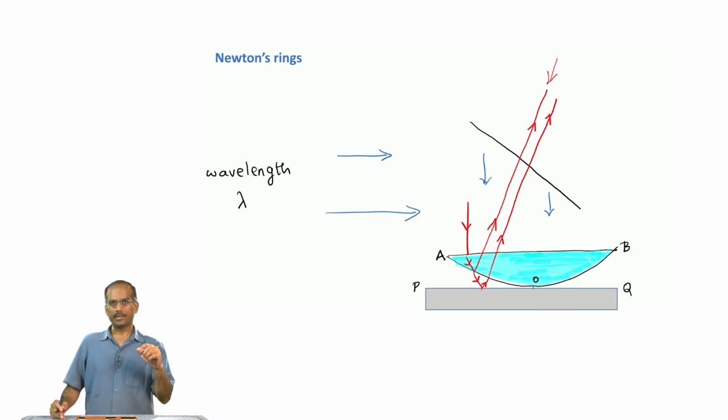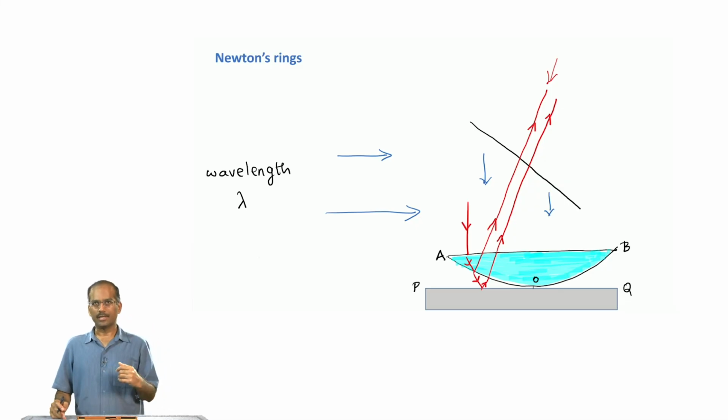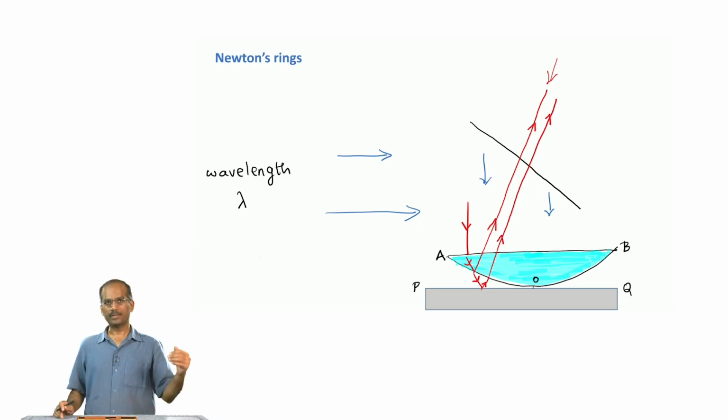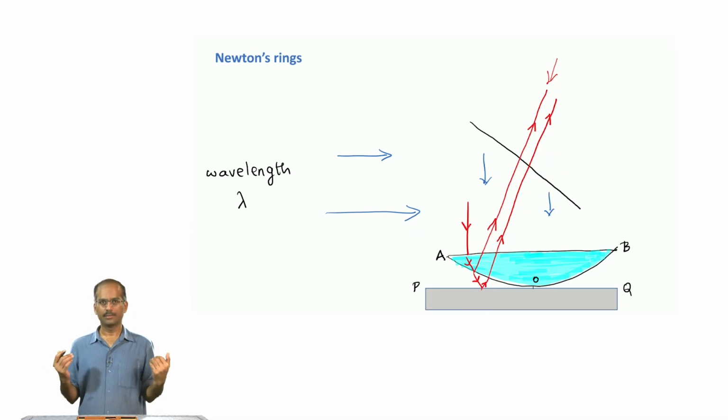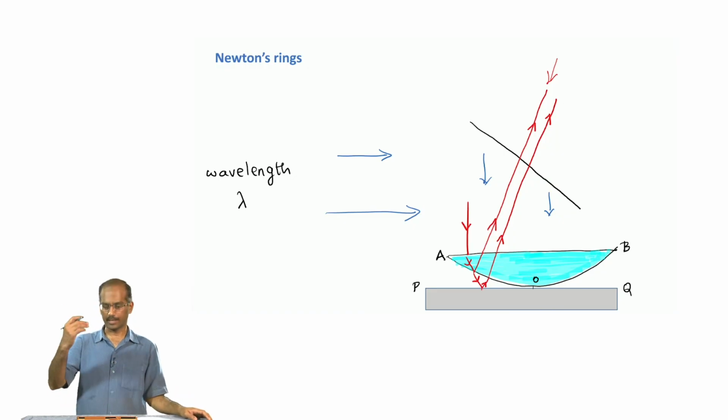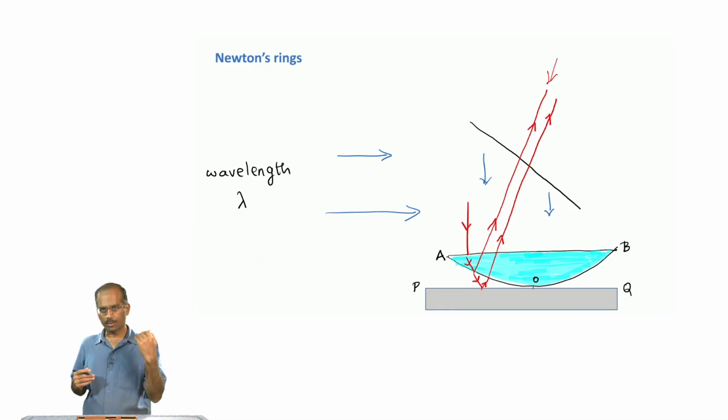At that point part of it is transmitted into air again, and it hits this glass slab PQ, and then there is a reflection again from that. So, these two beams, reflected from the lower portion of the plano-convex lens and the top surface of PQ, interfere and produce the interference fringes.